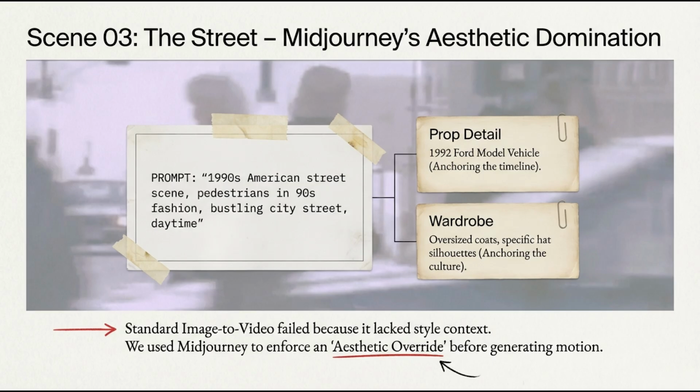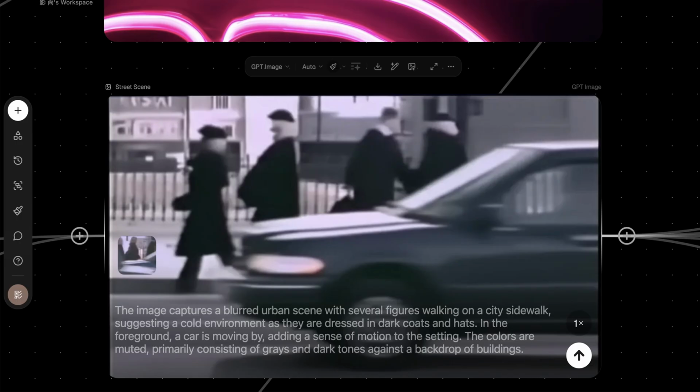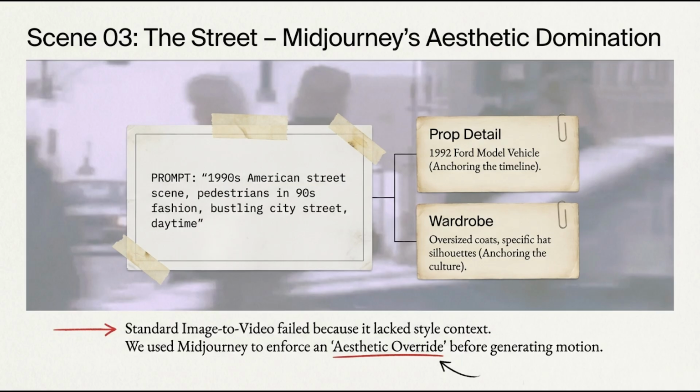The third scene is the street of Seattle. In fashion communication, this is all about the feel. Under the technical conditions of 8 months ago, we found that video models were logically strong but aesthetically mediocre. So we adopted a layered strategy, which is to use Midjourney for aesthetic tone setting.